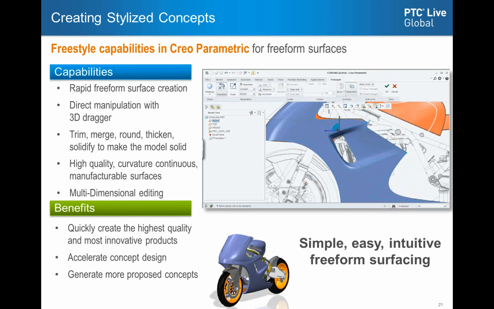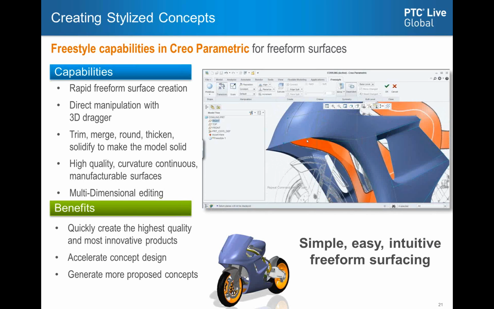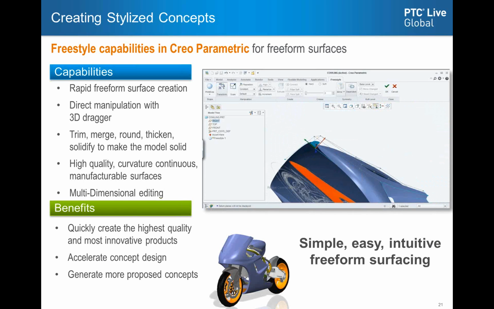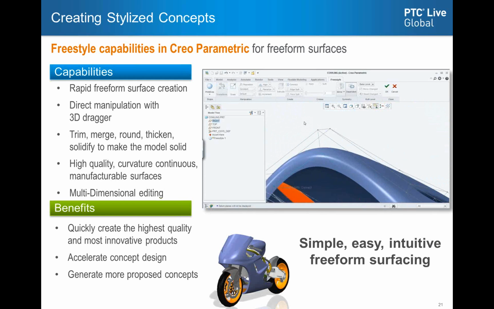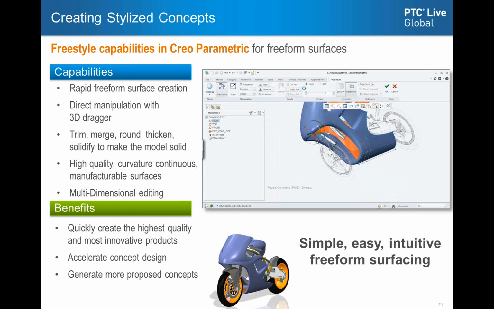Although this video is sped up, this whole process takes approximately 10 minutes from start to finish to build this free-form front cowling of the motorbike. Now you can imagine doing this in traditional surfacing, maybe inside ISDX, would take you a significant amount of time longer.